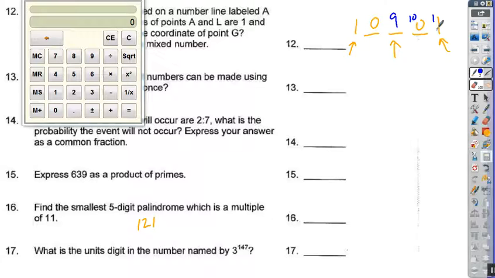So here's what I did. I first figured out that this had to be a 1 and that had to be a 1. That was easy. Then the most obvious thing is to have a 0 and a 0 here, because that's going to keep my number as low as possible. And then I plugged in a 0, and I found that as I divided it, I got a remainder that didn't make sense here.